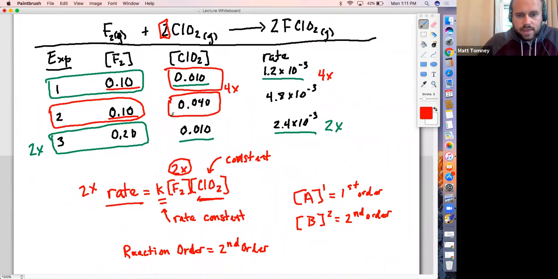And so I would expect then that the ClO2 should be squared. But the experimental data showed me that it could not be squared, because if this was squared, then that means if I make a 2 times increase in this concentration, 2 squared is 4. So that would be a quadrupling of the rate.